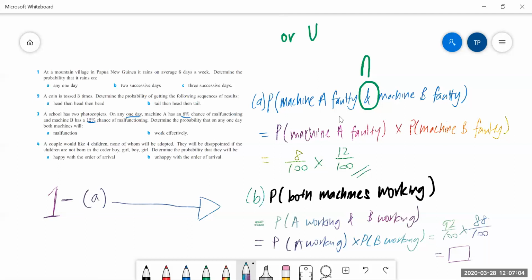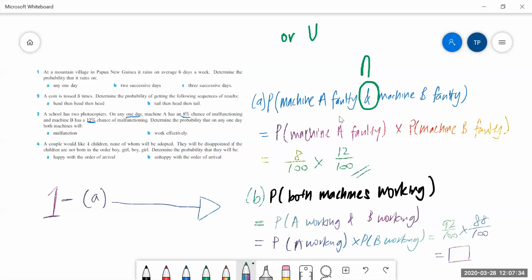What is the complementary probability of both machines faulty? When you use 1 minus both machines faulty, definitely you will get both machines working, correct? But are there other probabilities that also constitute this?